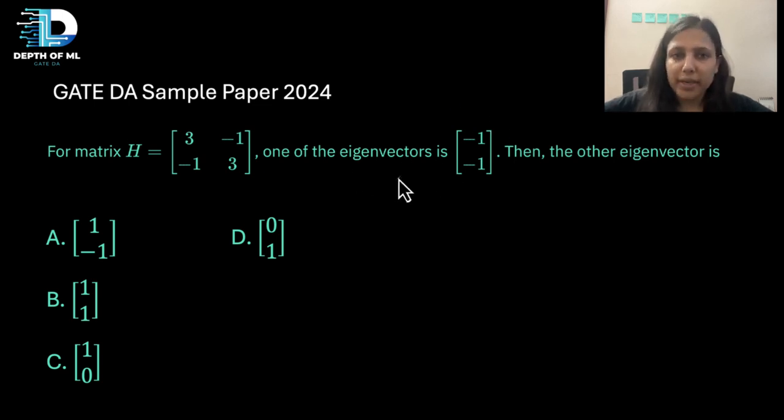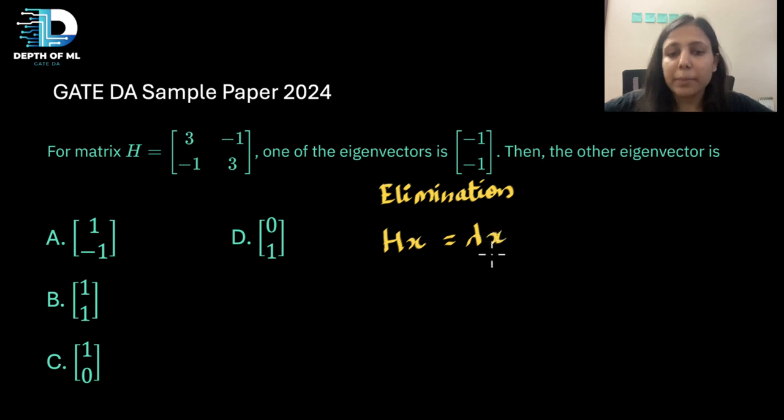So how will you find the eigenvectors? There are multiple ways you can actually do this. Let's see how to solve them. The first approach that I'll take towards solving this particular question is elimination. I will try to see if I can eliminate some of the options or all of the options and reach the answer. For that I should know a very basic thing about eigenvectors, which is that if I multiply an eigenvector with the given matrix H, then I should get some lambda times that particular vector, right?